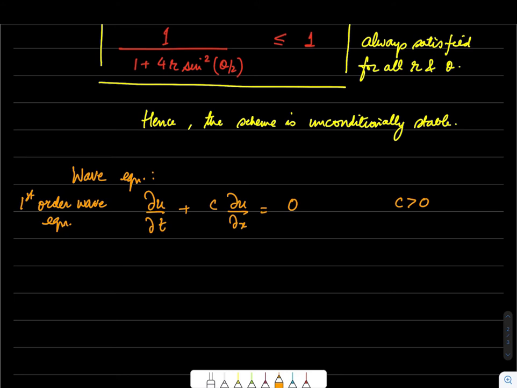Let's say we discretize this equation using forward time and central space differencing scheme.